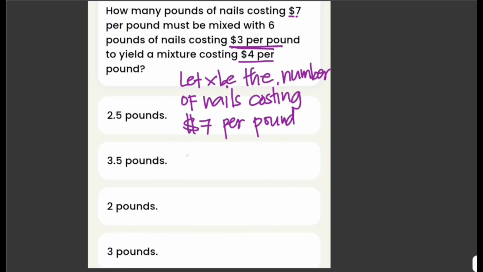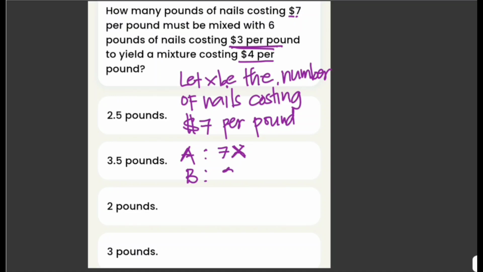So let's say A is the first type, which is $7 per pound. So that'll be $7 times x, because we don't know the number of pounds of this nail that costs $7 per pound. And then we let B be the cost of the $3 per pound.